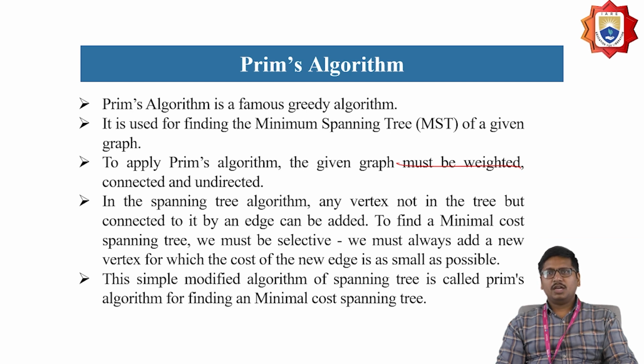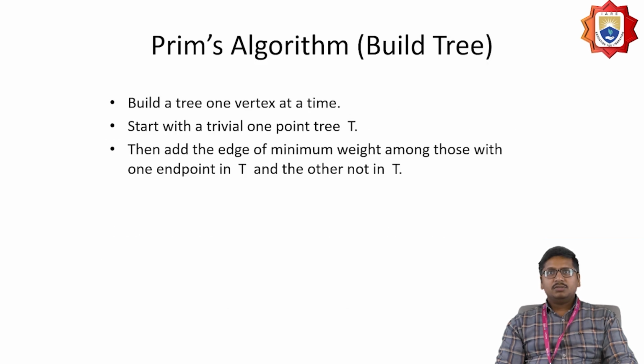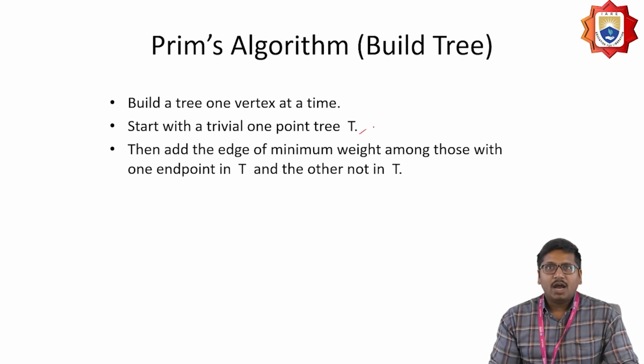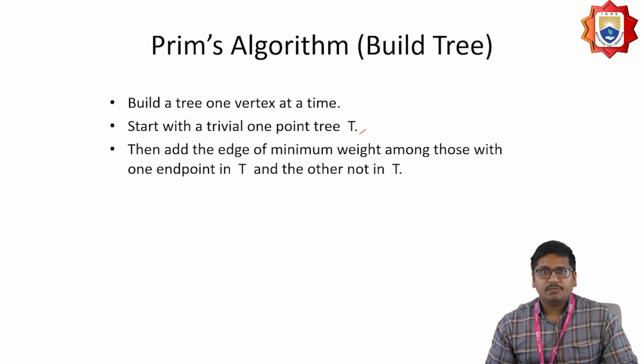This simple modified algorithm is called Prim's algorithm. So how are we going to do this? First we have to take a tree, with one vertex only, one at a time. We start with the trivial tree of one point, and then add the edge of minimum weight among those with one endpoint in the tree and the other node not in the tree.